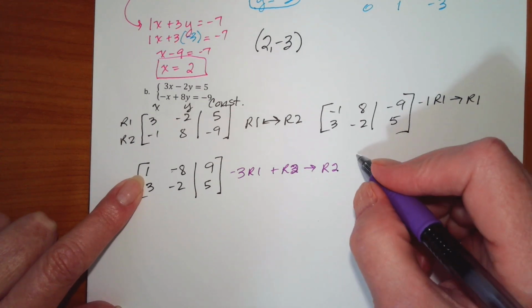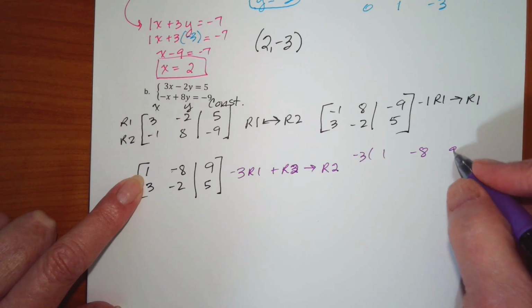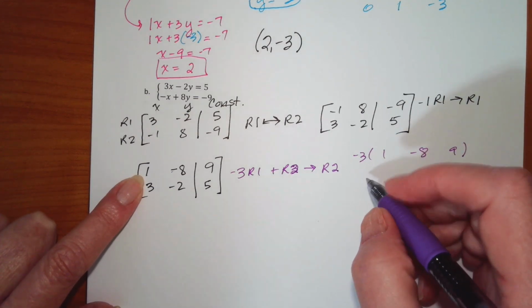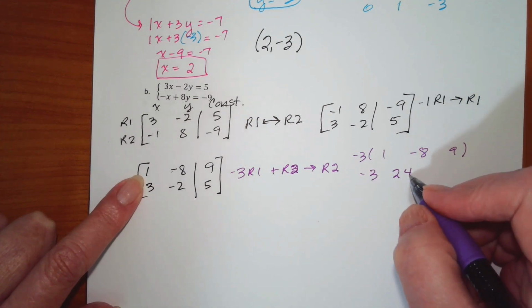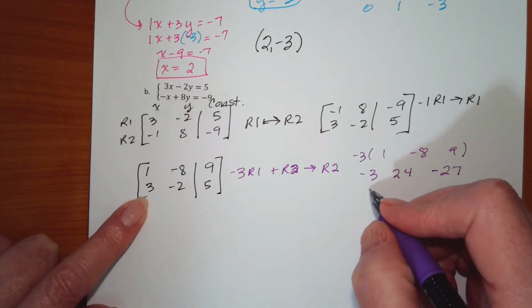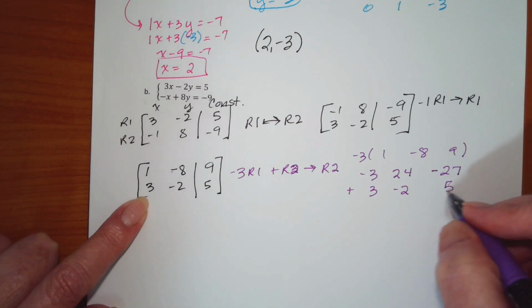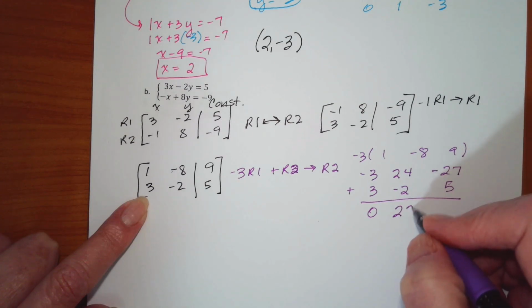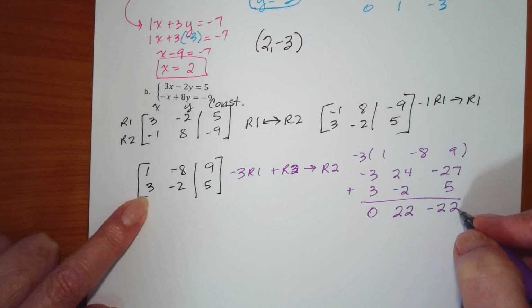-3 times 1, -8, 9 gives me -3, 24, -27. I'm going to add that to 3, -2, 5, and I get 0, 22, -22.